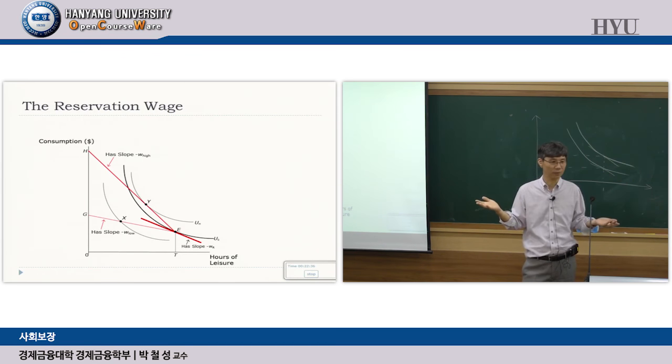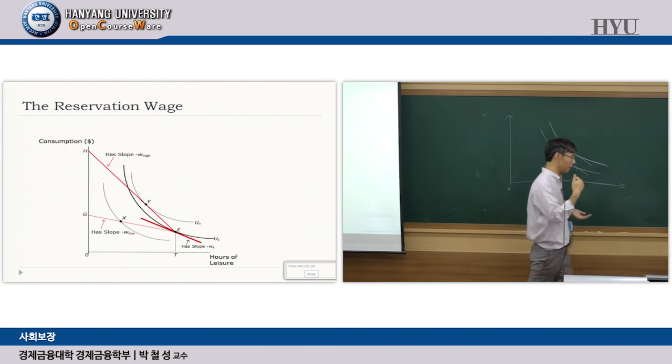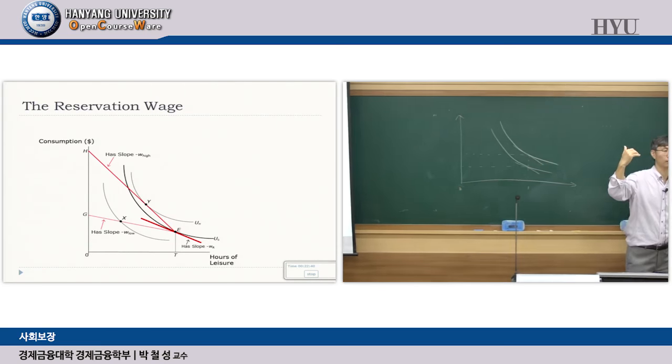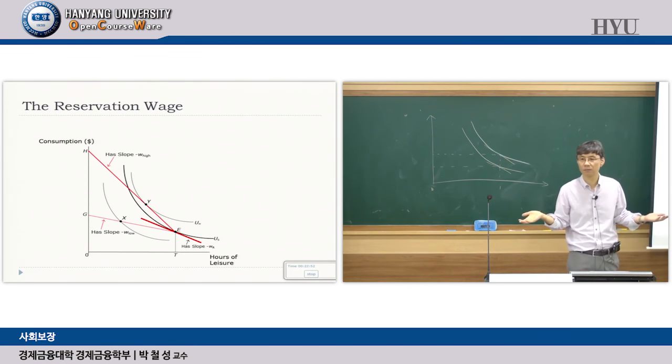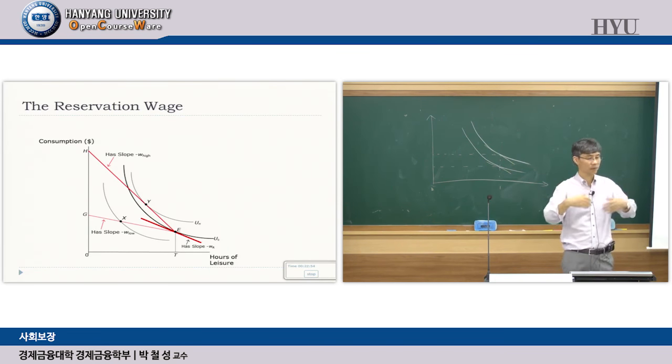What happens is that their non-labor income goes up, so it is intuitively natural that that person's reservation wage should go up. Richer people are less willing to work for the same wage rate. If I offer, let's say, $10 per hour to a very poor person, that person is more likely to work than a richer person.